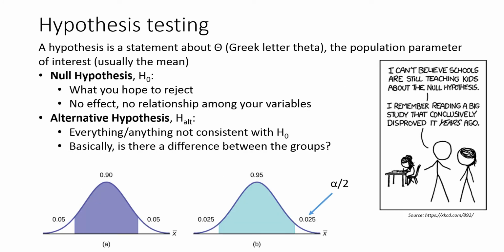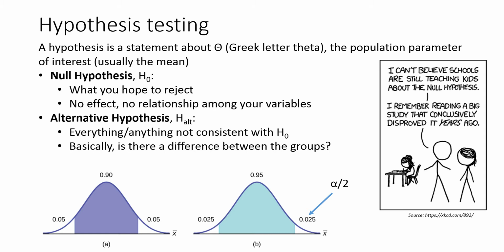Okay, so hypothesis testing. You're usually trying to do hypothesis testing on the parameter of interest, and in our cases, it's generally the mean. When you're trying to build a hypothesis, you need to have a null hypothesis.